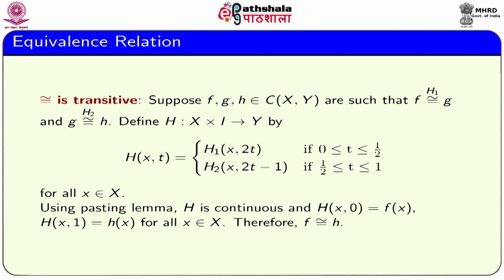So by the pasting lemma, H is a continuous function and H(x,0) is equal to f(x) and H(x,1) is equal to g(x) for all x belonging to capital X. And that gives a homotopy between f and g.